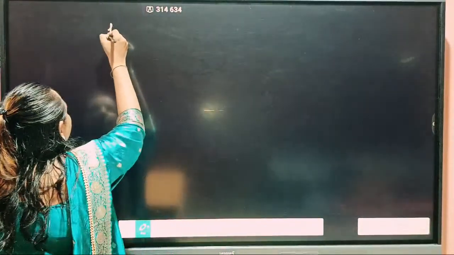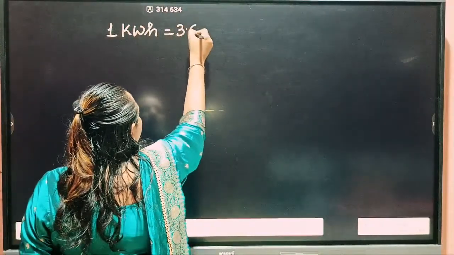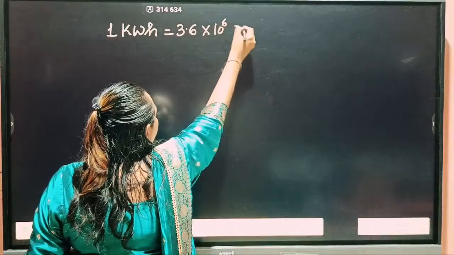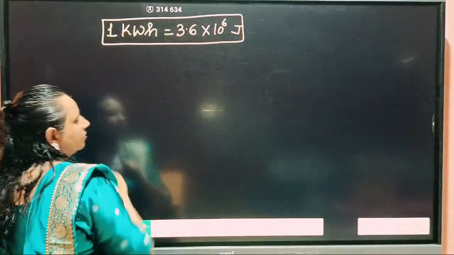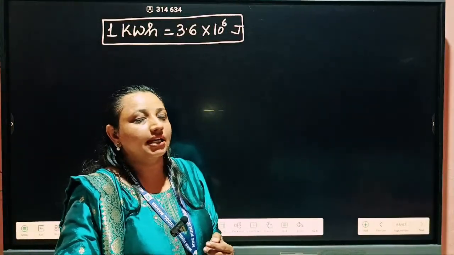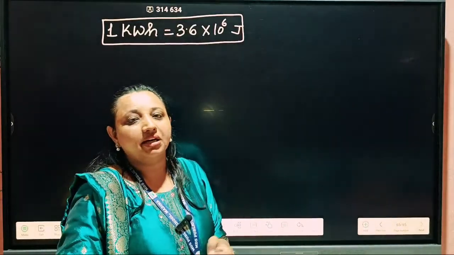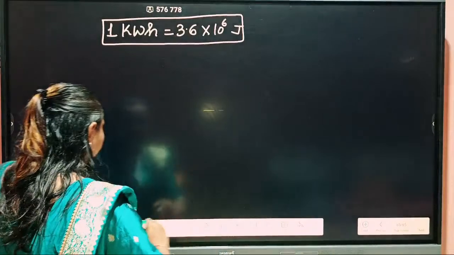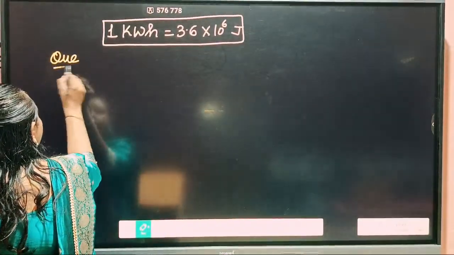If we have to convert it into joules, 1 kWh is equal to 3.6 into 10 raised to the power 6 joules. Right? The formula for electrical energy is power into time. Firstly, we have to find the power, then multiply it with the time. It is also a scalar quantity.